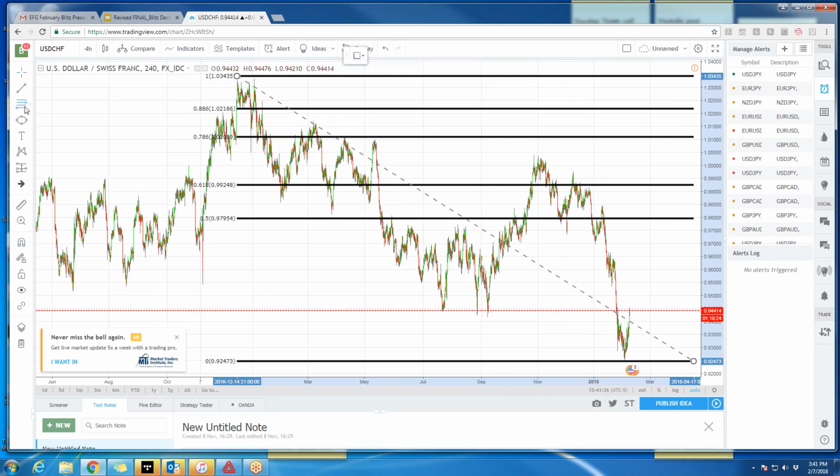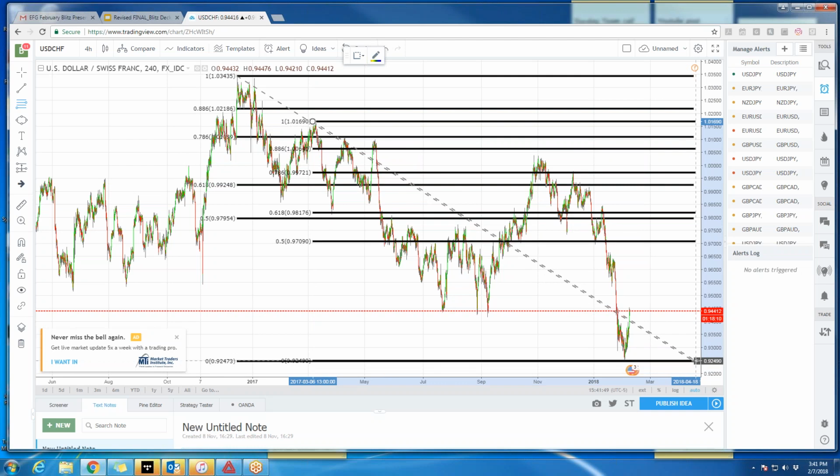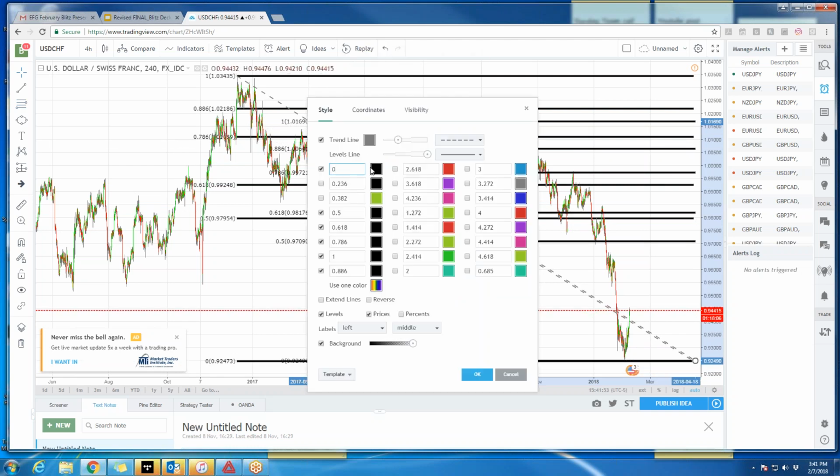I'm going to do the same thing. I'm just looking for swings. So since it went on a downtrend, I'm going to do it opposite. Came up, bring it down.